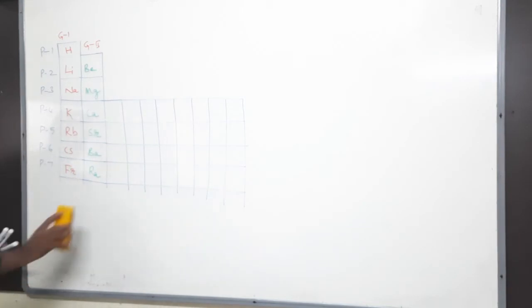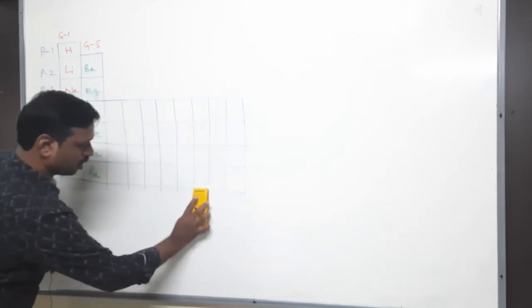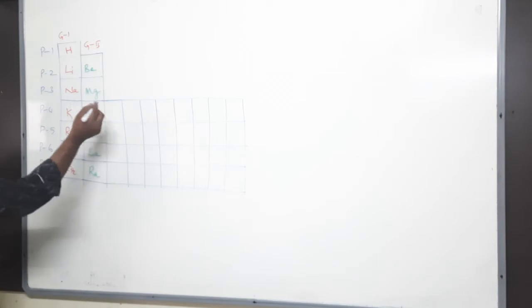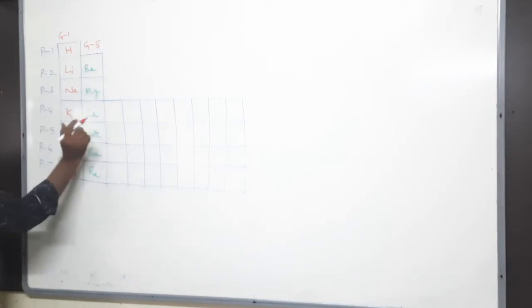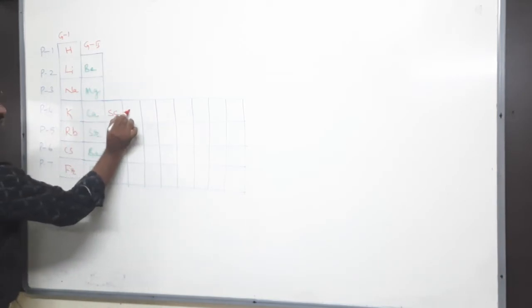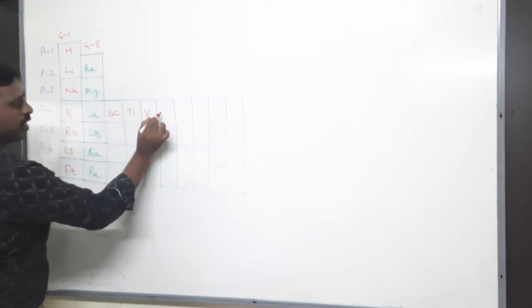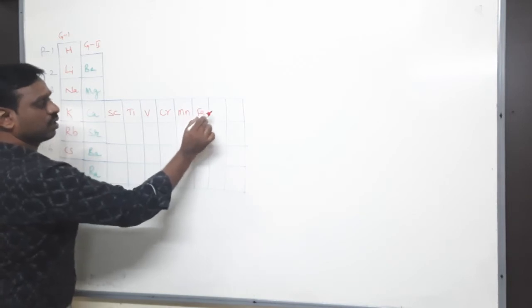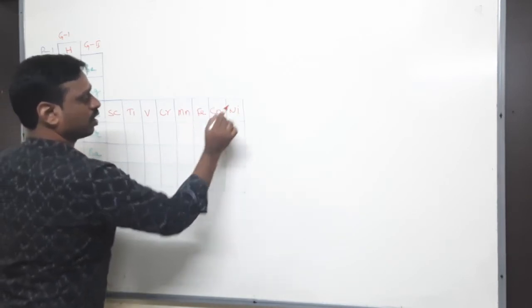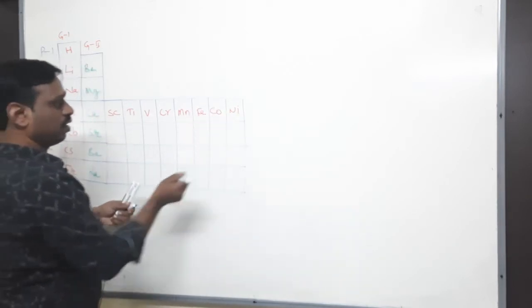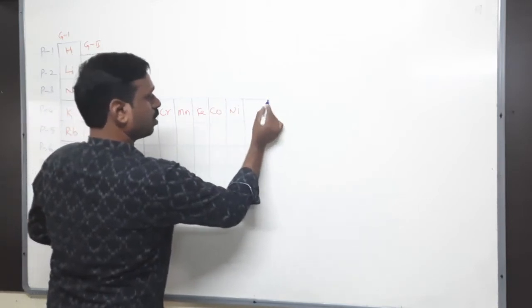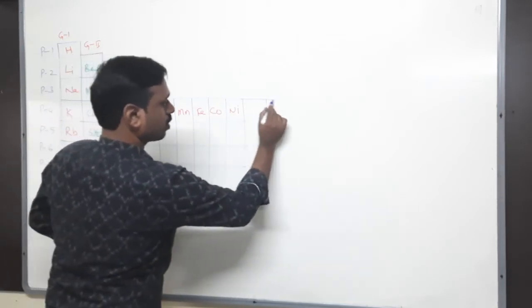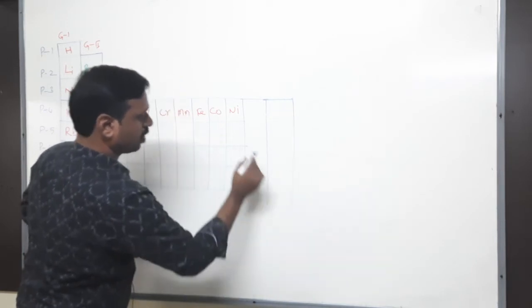Okay. Now tell me, it is about D block elements. Here, potassium, calcium, scandium, titanium, vanadium, chromium, manganese, iron, cobalt, nickel. Yeah, we have taken only 8, 9, okay, 10.